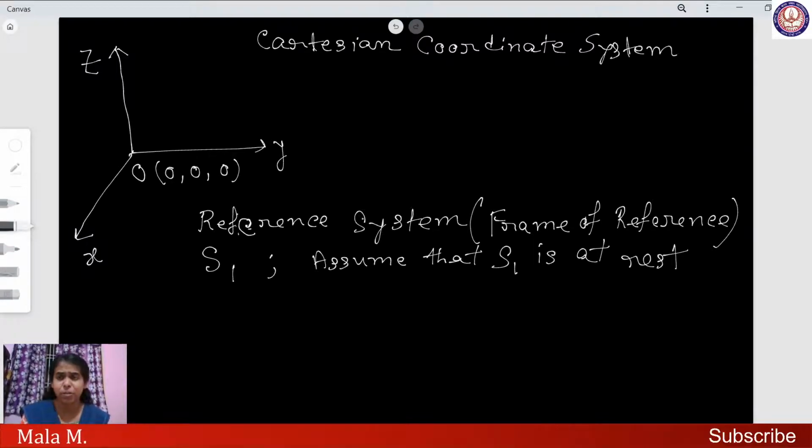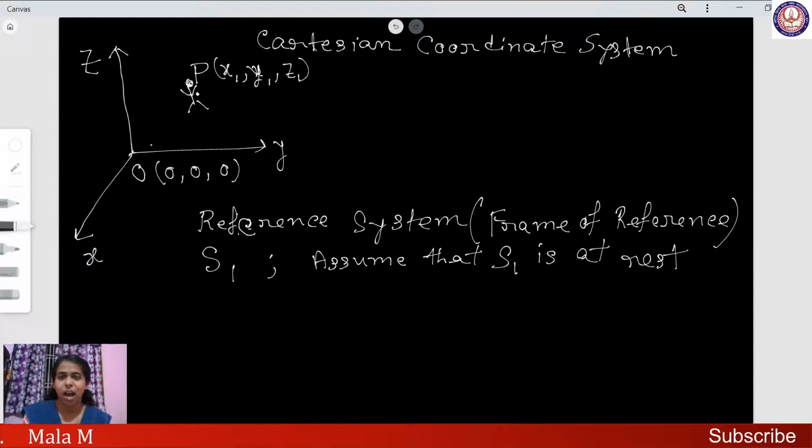So in this frame of reference we will just take a point P and we will define the point as x1, y1, z1. Now at this point P there can be any point mass or any particle or any person.